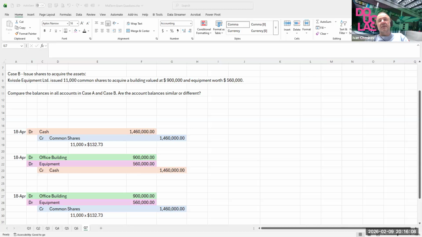Now let's see chapter 10. On chapter 10, you're going to have 1, 2, 3, 4, 5 questions. First, how we deal with disposing of an asset.